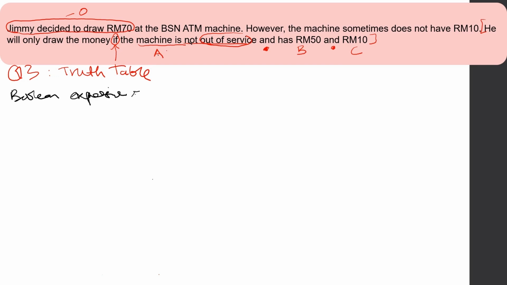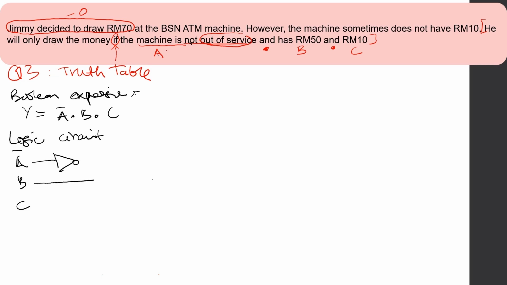So the Boolean expression is Y equal to A naught dot B dot C. And then the logic circuit is A, B, C, and this is Y. So A naught dot B dot C. Now let's move on to the truth table.